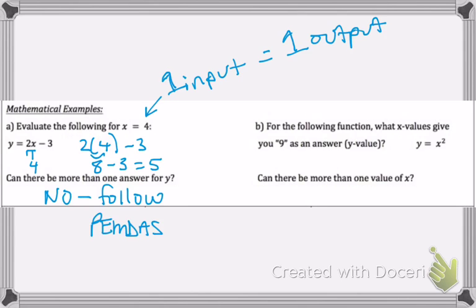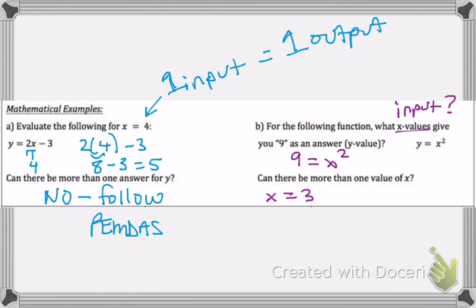So then looking at the next one, for the following function, what x values, which are the inputs that we don't know, give you an answer of 9, which is the y value. So basically we want to say 9 equals x squared. So what values, what numbers can I square to get 9?